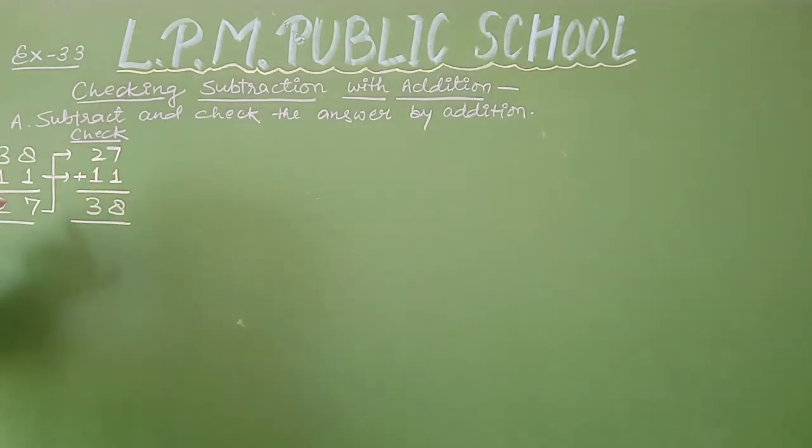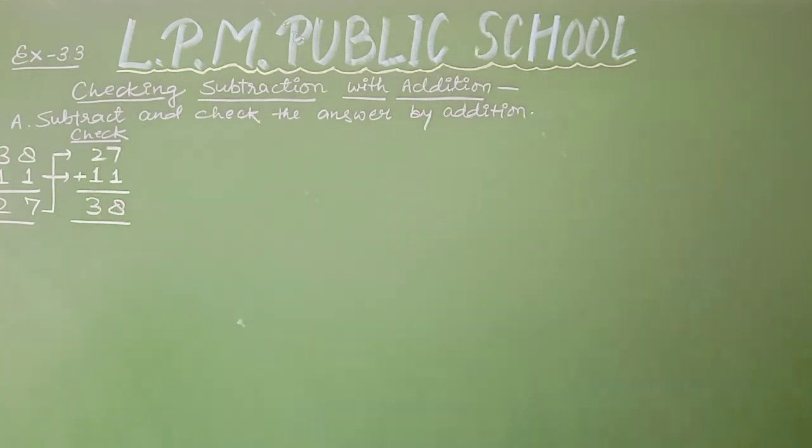When we subtract 11 from 38, that is 27, and 27 is the difference. And when we add the difference 27 and the smaller number 11, it should become equal to the bigger number, that is 38.